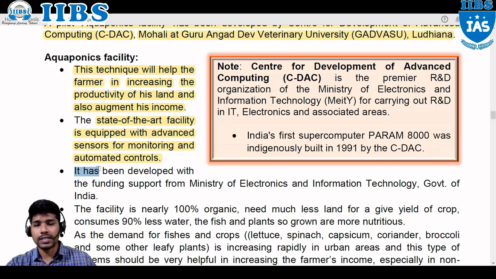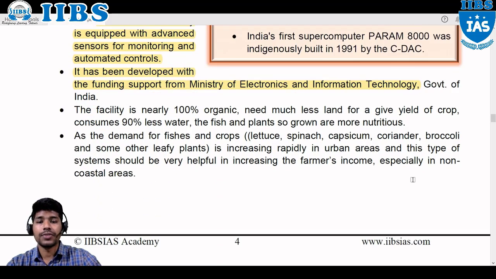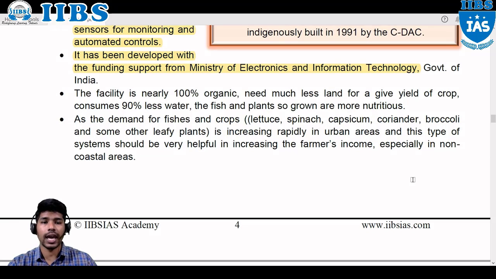It has been developed with funding support from the Ministry of Electronics and Information Technology, Government of India. The facility is nearly 100% organic and needs much less land. No chemical fertilizers are used here, and it gives crop yield while consuming 90% less water.